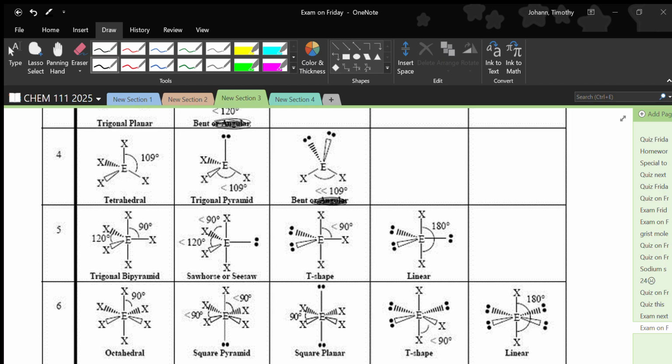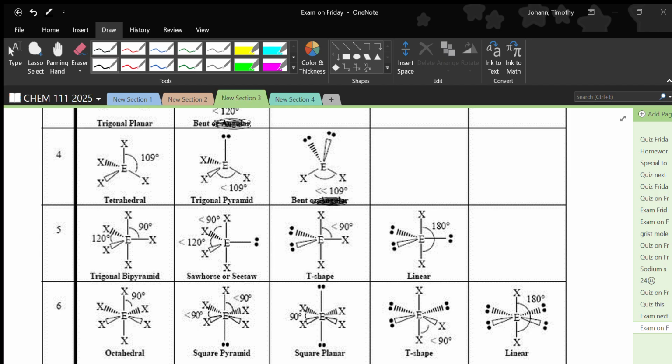If I was to put my lone pair here, I'd have a 90-degree angle, a 90-degree angle, a 90-degree angle, and that lone pair would be bumping into atoms more than it does if I put it in the plane of the triangle. Does that make sense? It's all about trying to give everything as much space as possible, and it's about taking the bigger things. Lone pairs are bigger than atoms in terms of the amount of electrons, or we can think about bonds. Lone pairs are bigger than bonds, the amount of space they take up.